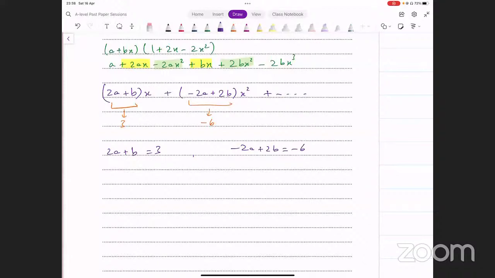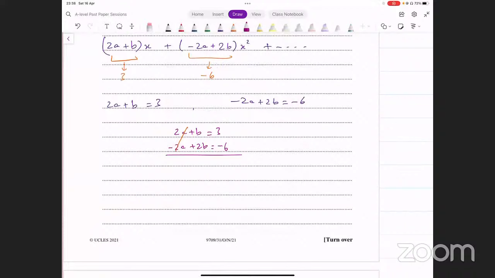Now we can solve these equations and find the values of a and b. ठीक है, आप किसी भी method से कर सकते हैं, substitution से कर लें, elimination से कर लें, whatever you prefer. And you'll get the result. So in this case, you have 2a plus b equals 3, minus 2a plus 2b equals minus 6. I'm just going to add these two equations.